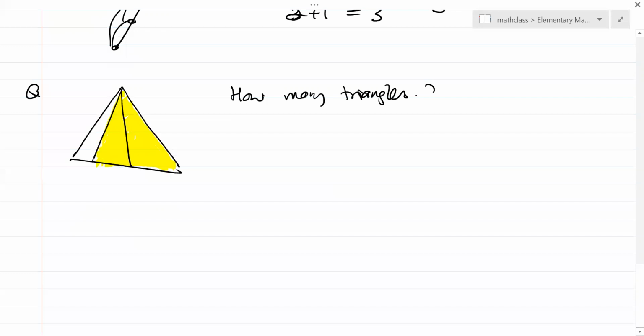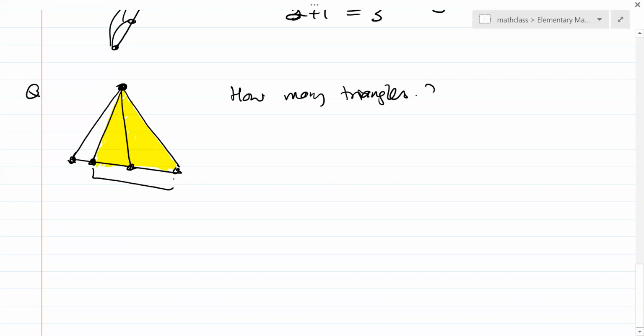All right, so here's the point. We can convert this problem to counting pairs of points, because this point is fixed. Any pair of points on the bottom line determines one triangle.